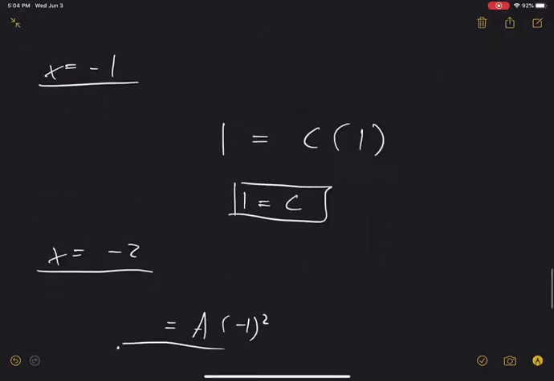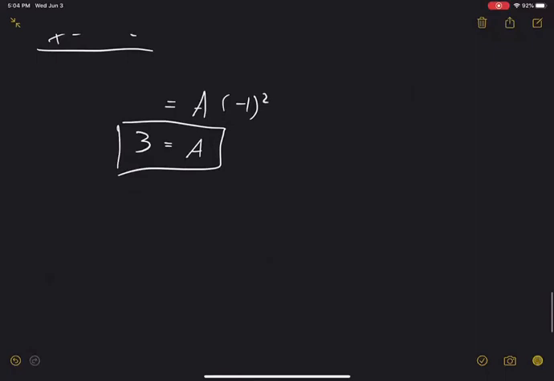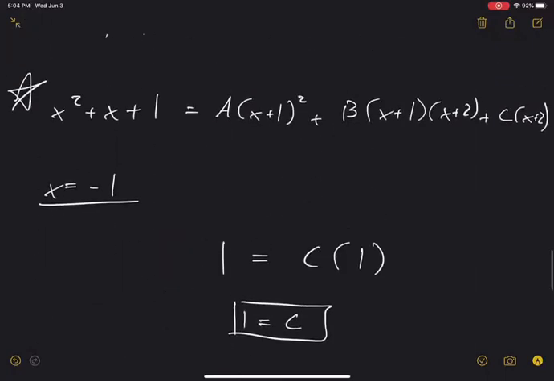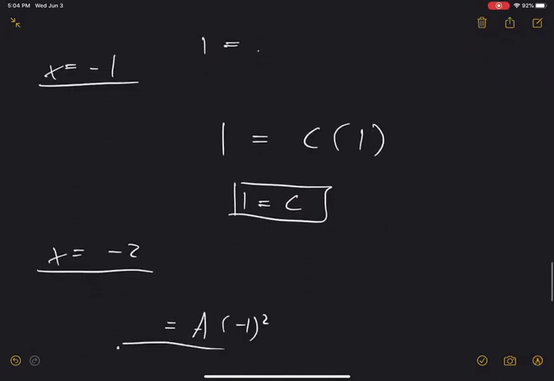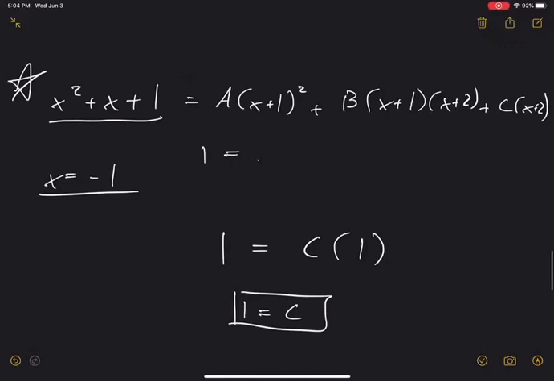So let's try that. So what is a convenient value? 0 is always a convenient value to use, right? So I plug in 0 on the left side, and what do I get? I get 1. And then on the right side, what do I get? I know a is equal to 3. So I get 3 times 1 squared, so 3 times 1.